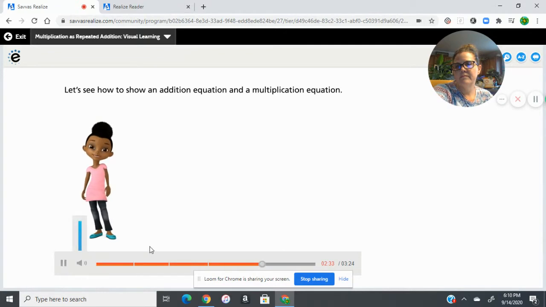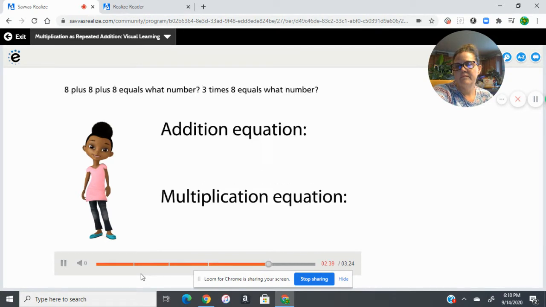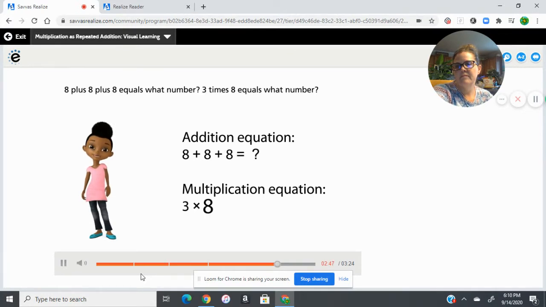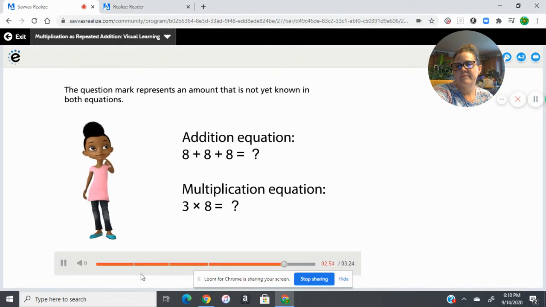Let's see how to show an addition equation and a multiplication equation. 8 plus 8 plus 8 equals what number? 3 times 8 equals what number? The question mark represents an amount that is not yet known in both equations.